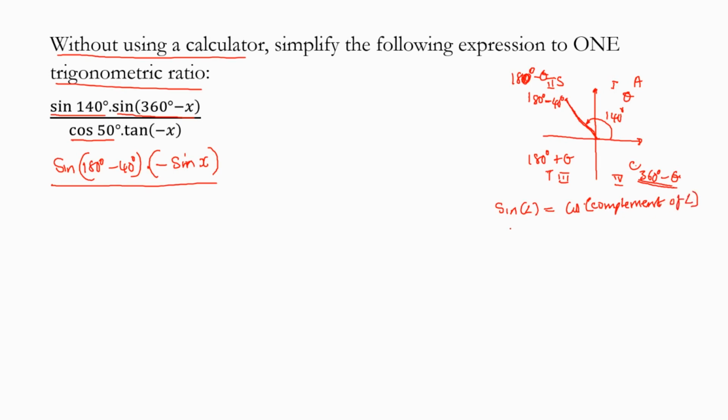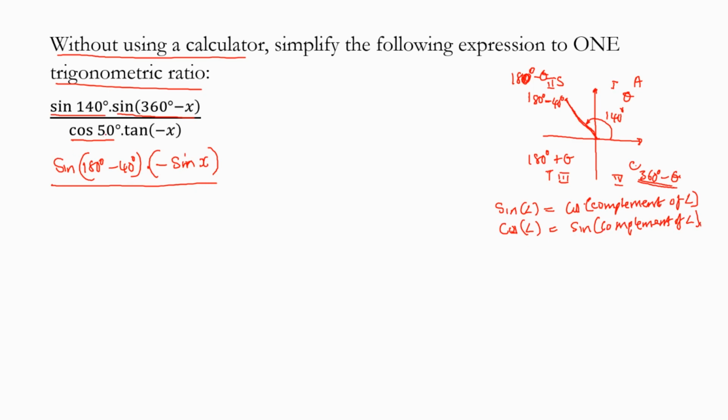Complementary angles add up to 90 degrees, like 30 and 60, 10 and 80, 70 degrees, 20 degrees. You see that? So complementary angles add up to 90 degrees. And then we have cos angle. Remember that cos angle is equal to sine of the complement of angle. Remember that, okay?